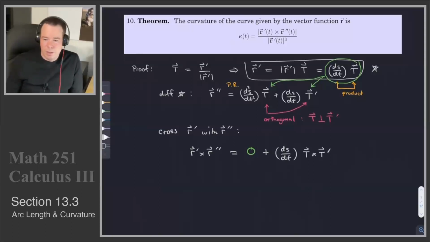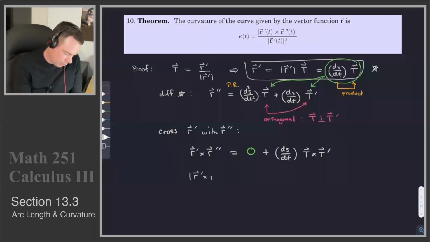So that's what we get when we take our cross product of r prime with r double prime. We get something that's in this direction, T cross T prime. Now what I'm interested in is the magnitude of this, because that's what's in the formula we're trying to prove above.